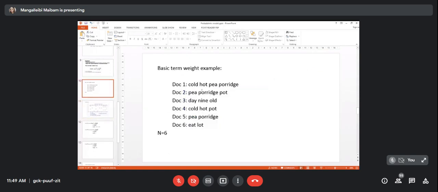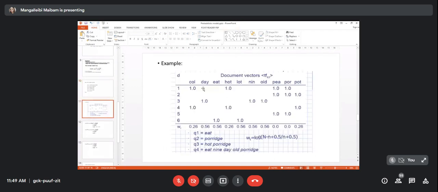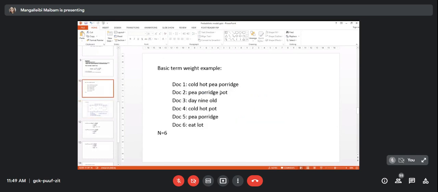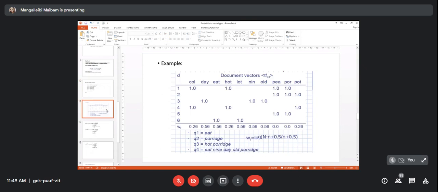Day is not there in D1, so 0. Hot is there in D1. So cold, hot, pease, porridge, only these four terms I'll write 1, others all zeros.